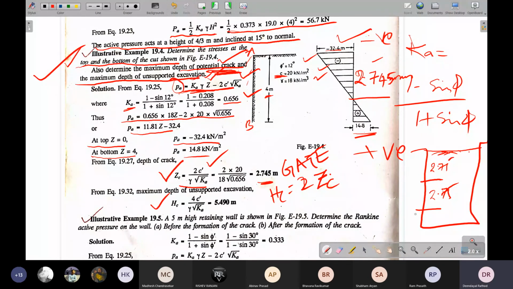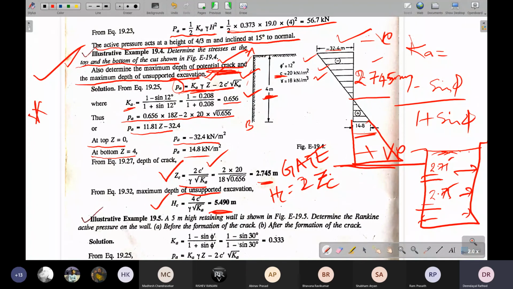So up to that depth we can excavate without lateral support. The wall is given as 4 meter, but it is coming to 5.4. That means up to this depth we can excavate. After that, we have to provide some lateral support, otherwise the soil may fail. Understand?